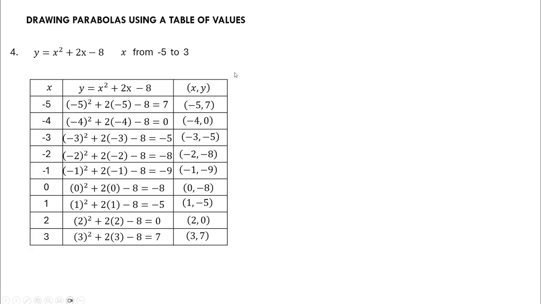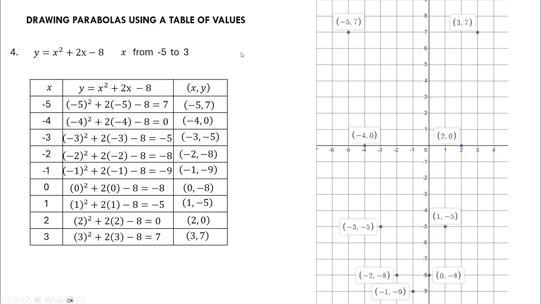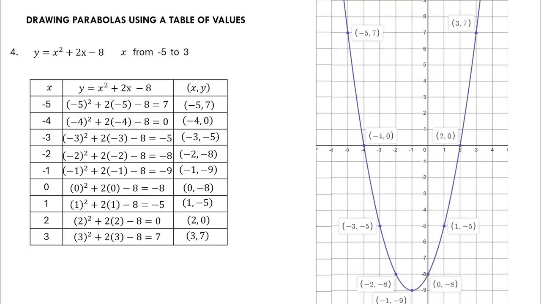And now, when we plot these coordinates on our graph, it looks like this. And when we fill in or connect all the coordinates, we get this parabola that's facing up, our happy face, because we have a positive coefficient here.